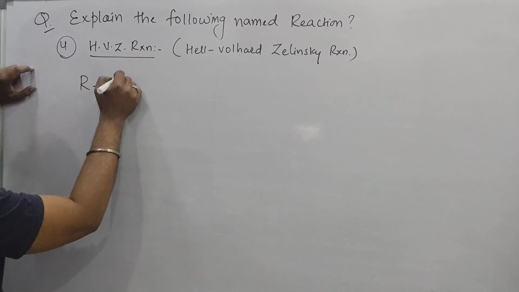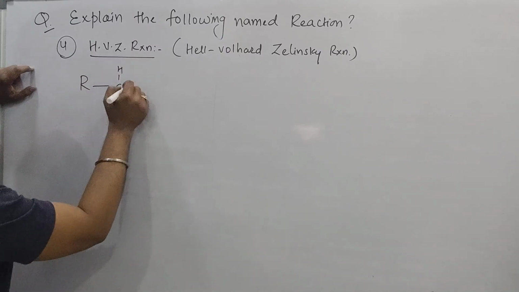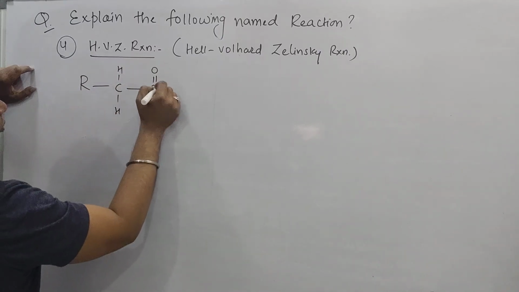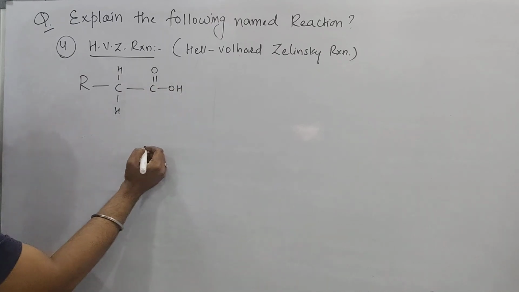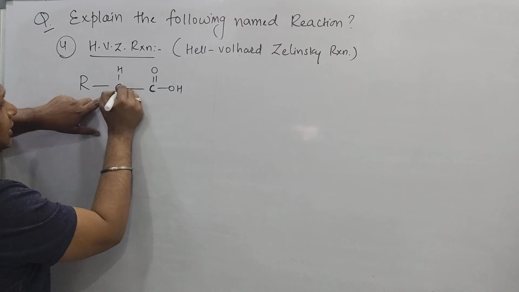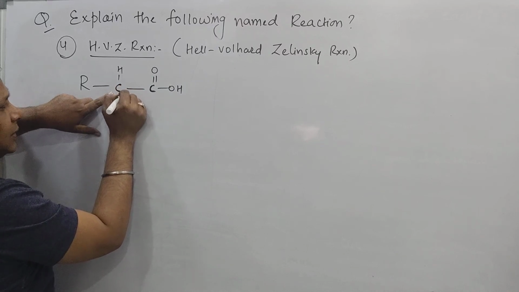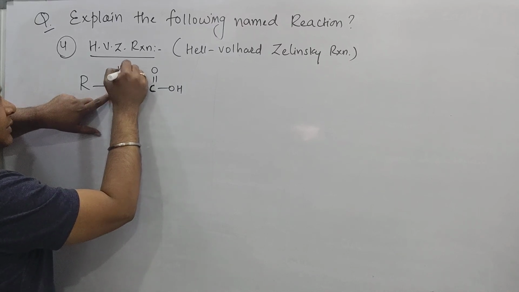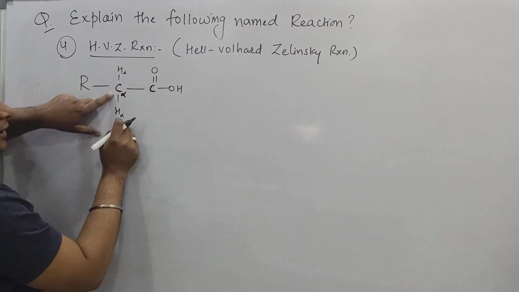Suppose it is RCH2 C double bond O OH, a carboxylic acid. Do you know that the carbon attached to the carboxylic acid group is called the alpha carbon, and this alpha carbon having the hydrogen is called the alpha hydrogen.